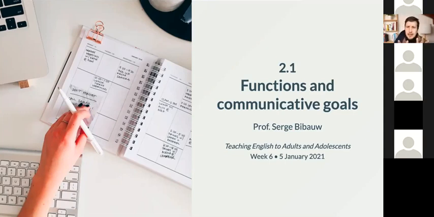So as I was saying, all teachers agree that communication is the objective, that what students have to learn really with the language is to communicate in English. But when they actually plan their class, they forget about this objective and they plan their class for grammar.